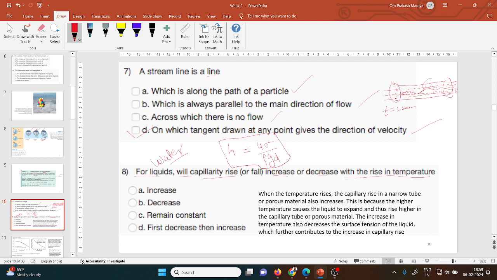So this is the surface tension, and this is the density, and this is the diameter of the tube.